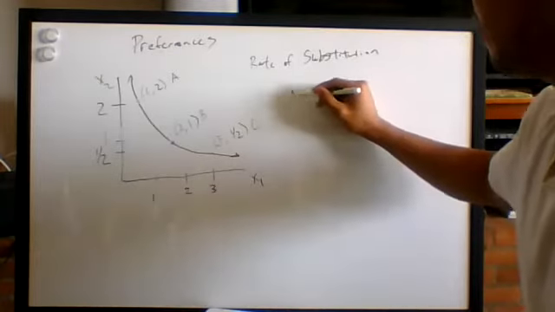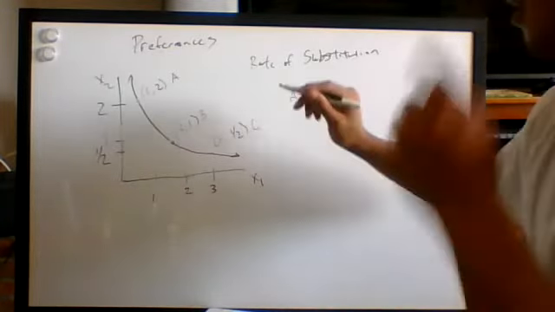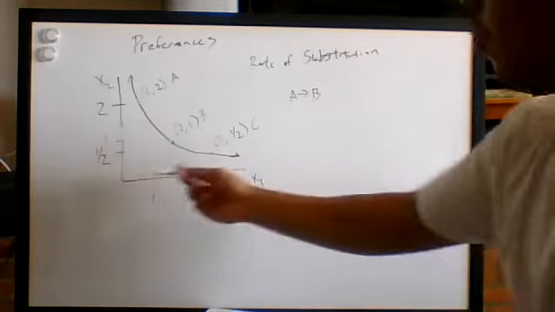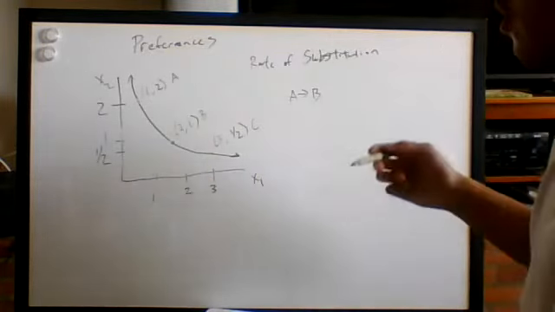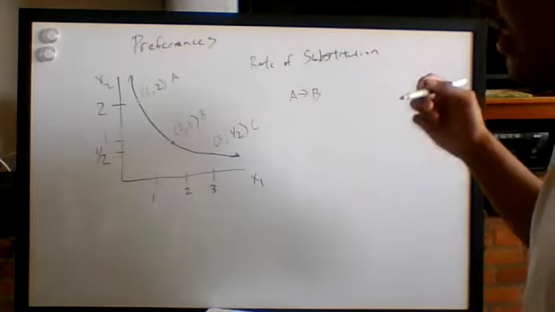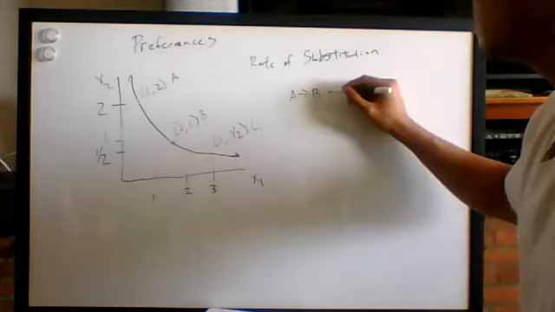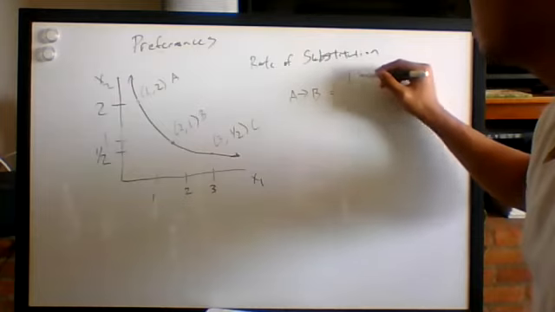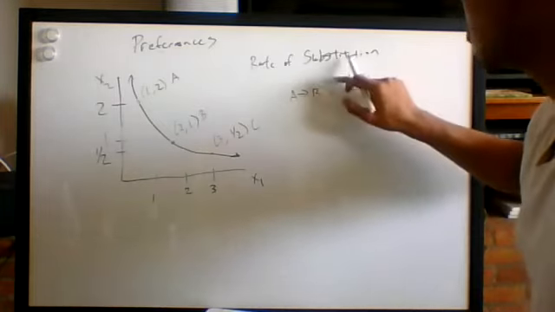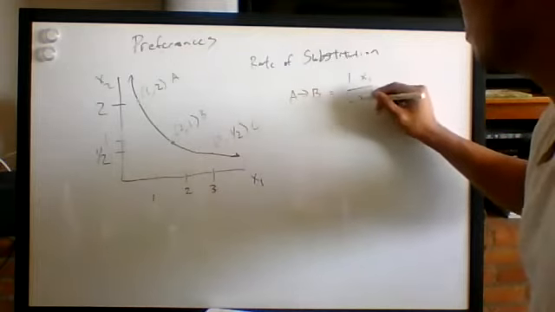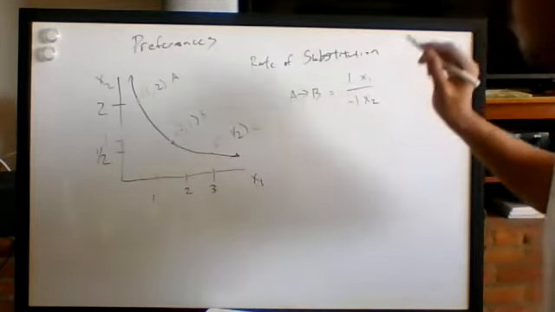So going from A to B, think about we're getting more of x1, but we're giving up x2, right? In this situation, we got 1 x1, but we had to give away 1 x2, right?